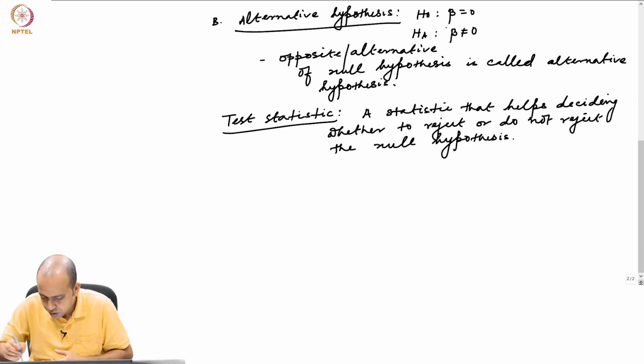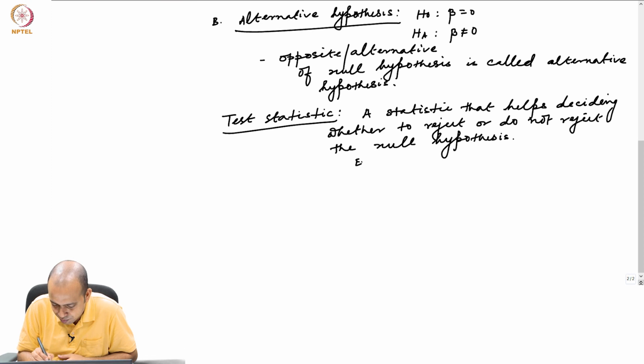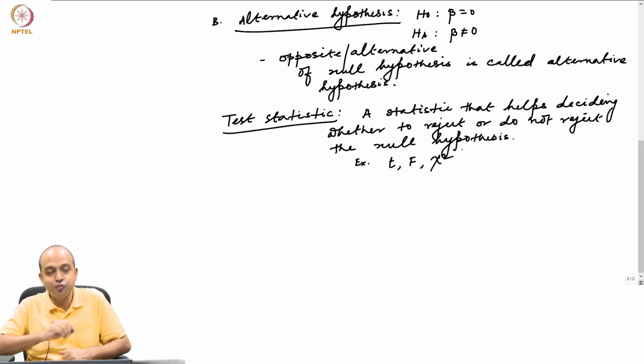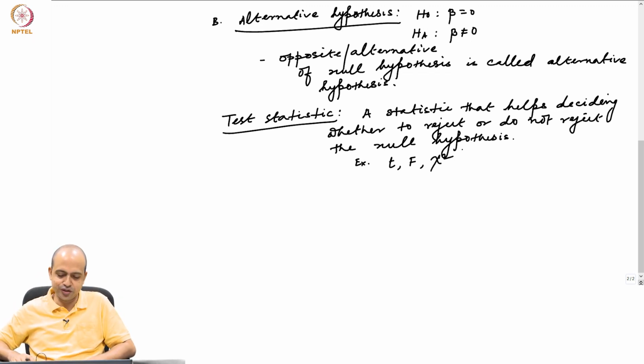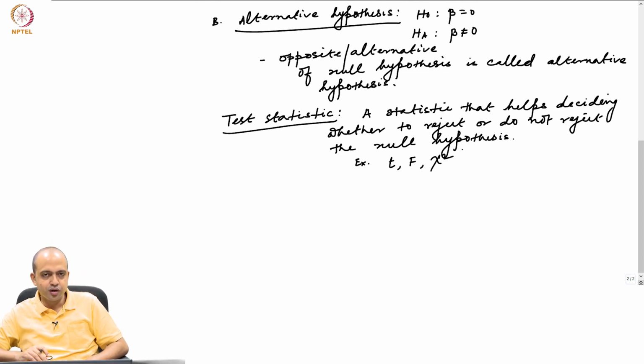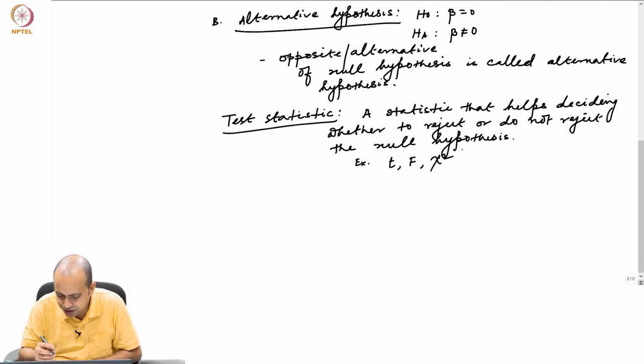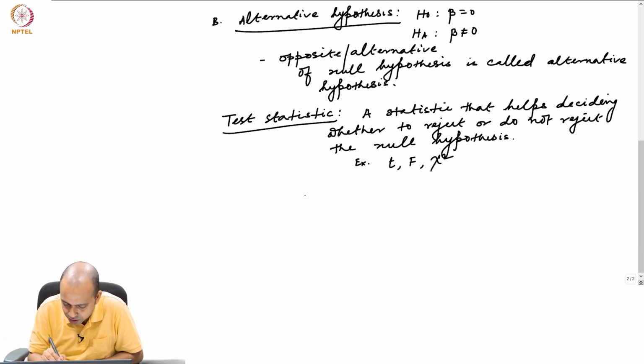The value of the test statistic will help us decide either to reject or not reject the null. There are several examples like the t statistic, the F statistic, and the chi-square statistic, which you might have studied in your statistics course. Here, when our objective is to check the significance of a particular variable, we will use the t statistic. How is the t statistic defined?